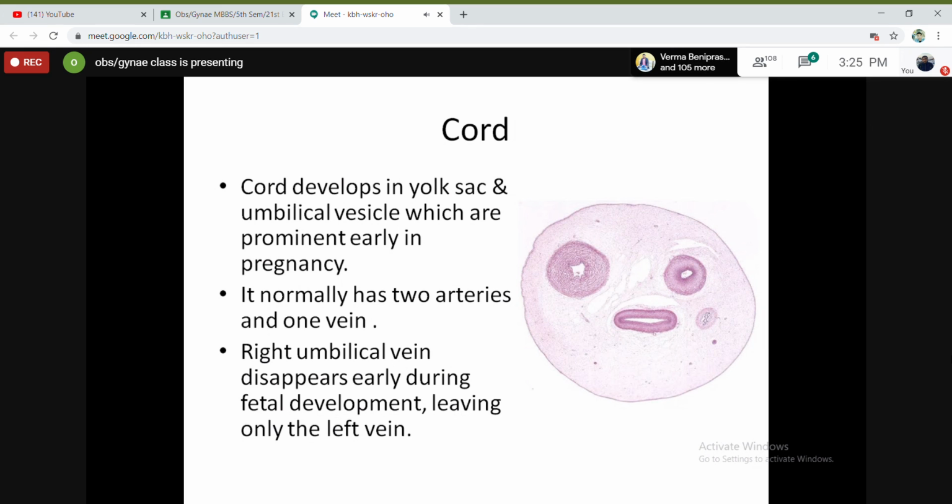Normally, the umbilical cord consists of two arteries and one vein, and the right umbilical vein disappears early during fetal development, leaving only the left vein. The transection histopathology shows the two thick muscular arteries, which are the two umbilical arteries, and the lower one is the umbilical vein, and this is the vitelline duct, and it is covered with the Wharton jelly. It basically protects the cord from any kind of stress.